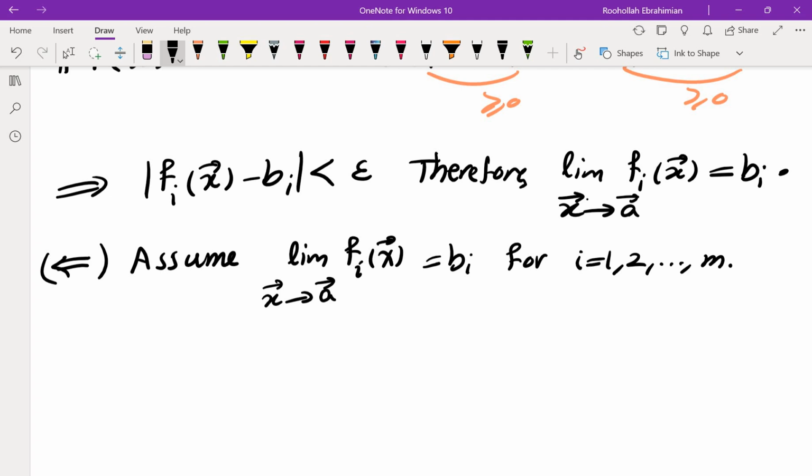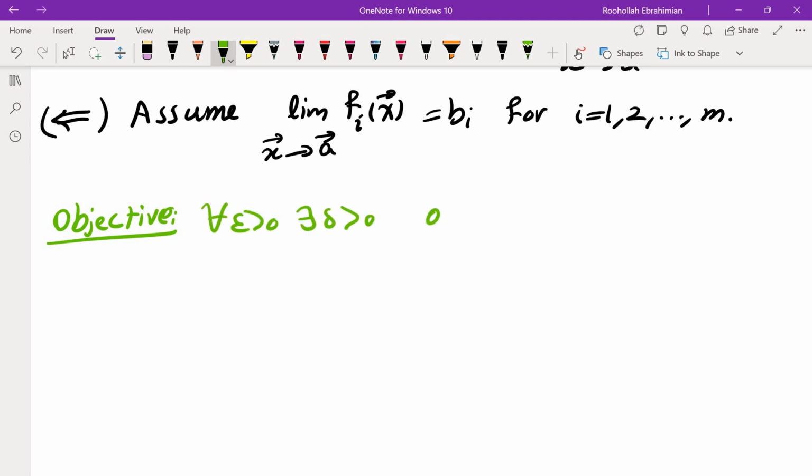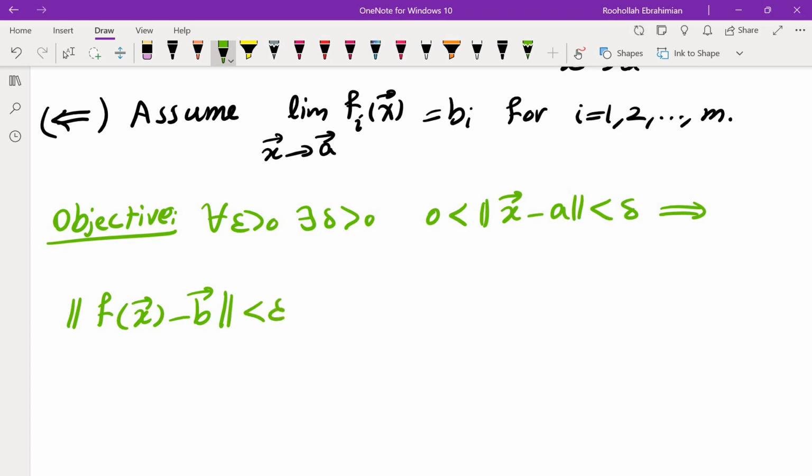We would like to show, again I'm going to use this different color for the scratch work. The objective is to show for every epsilon positive, there is a delta positive such that whenever the distance between x and a is less than delta, the distance between f of x and b is less than epsilon.